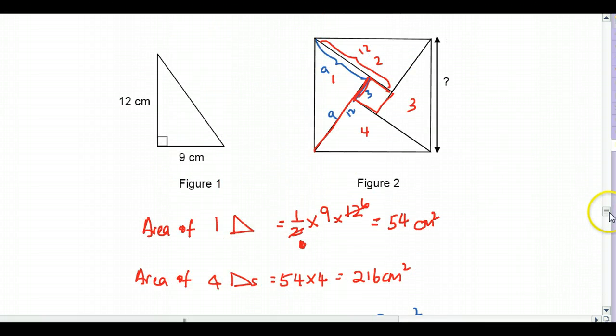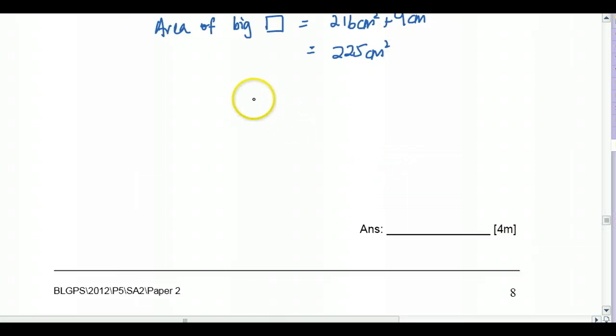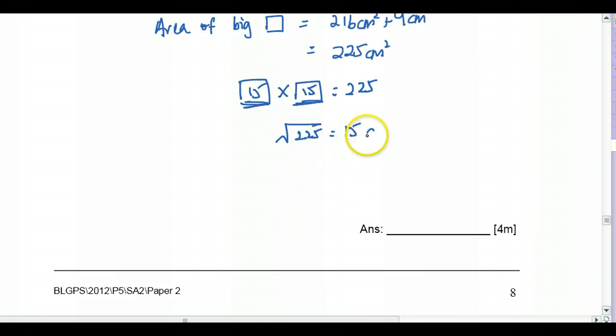So to find the length of one side, I need to know what number times the same number will give me 225. Okay, so I find out that it is 15 times 15 will give me 225. Or square root of 225, which is 15 cm. So answer is 15 cm.